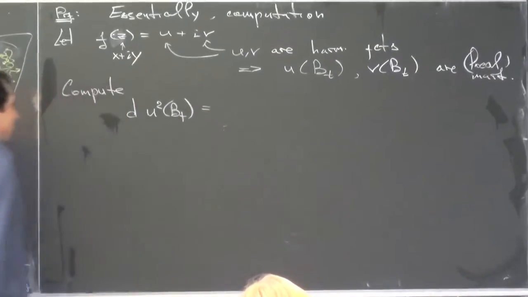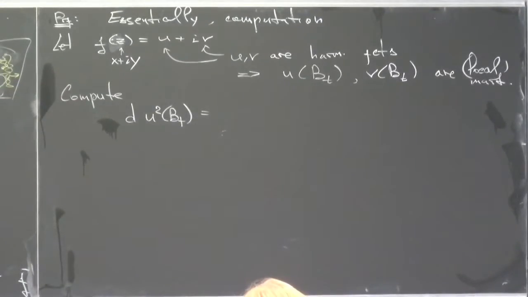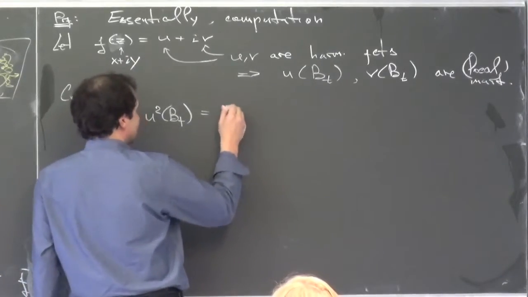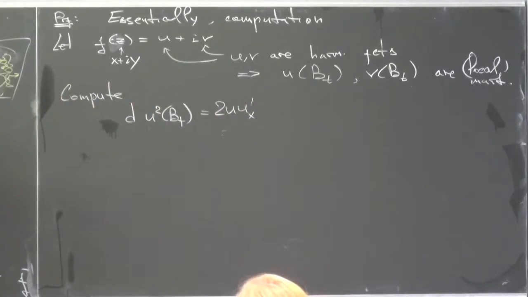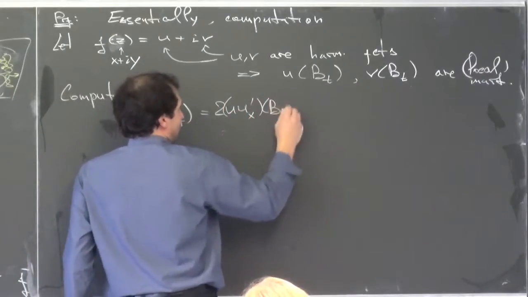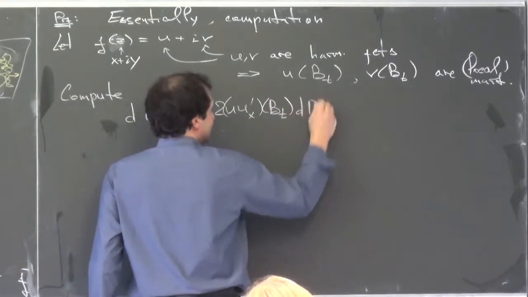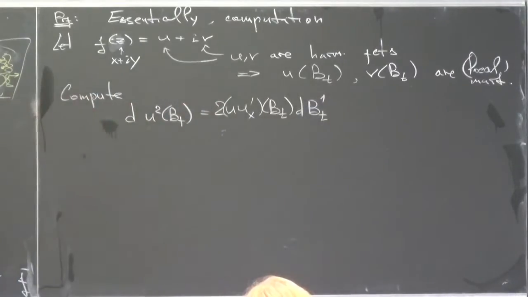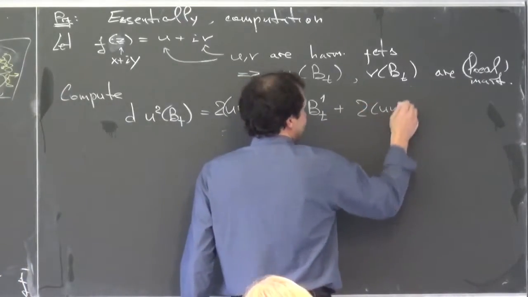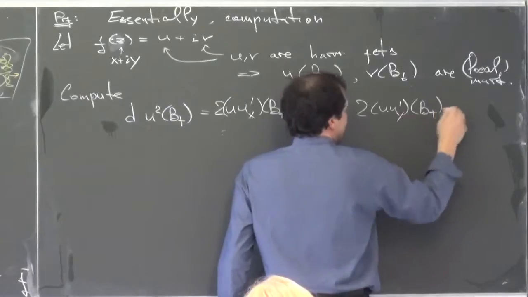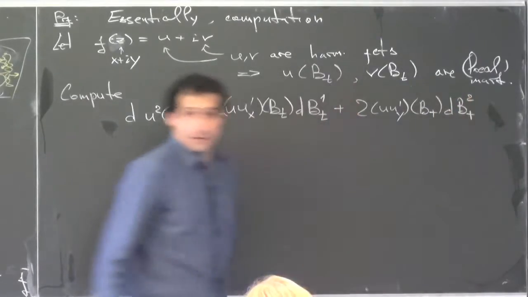Again, it's just a computation by Itô's formula. First, there are some diffusion terms. So what are they? This is 2u u_x at the point B_t dB_t^1, where B_t^1 is the first component, plus 2u u_y at B_t dB_t^2. This is the second component.